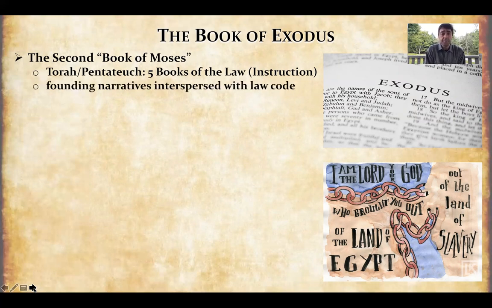And like much of Genesis, it is structured according to a story, a narrative. But with the book of Exodus, we begin to see interspersed with that narrative a lot of detailed instructions, a lot of what will come to be known as mitzvot, or laws, that the Israelite community would turn to order their way of life.